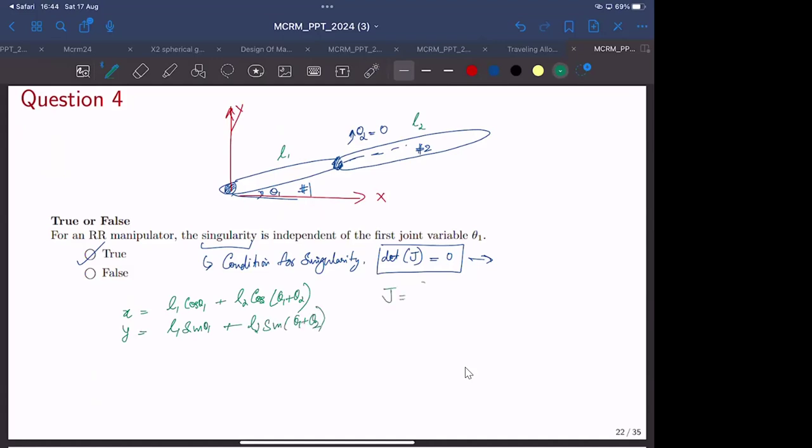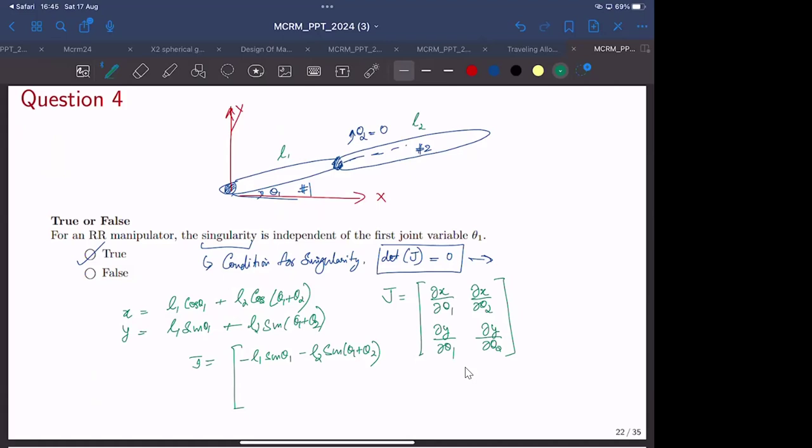And the Jacobian matrix would be dou x by dou theta 1, dou x by dou theta 2, dou y by dou theta 1, dou y by dou theta 2. Right? And if you do this, the Jacobian matrix would be like this. If you partially differentiate x with respect to theta 1, you will get minus L1 sine theta 1 minus L2 sine(theta 1 plus theta 2).